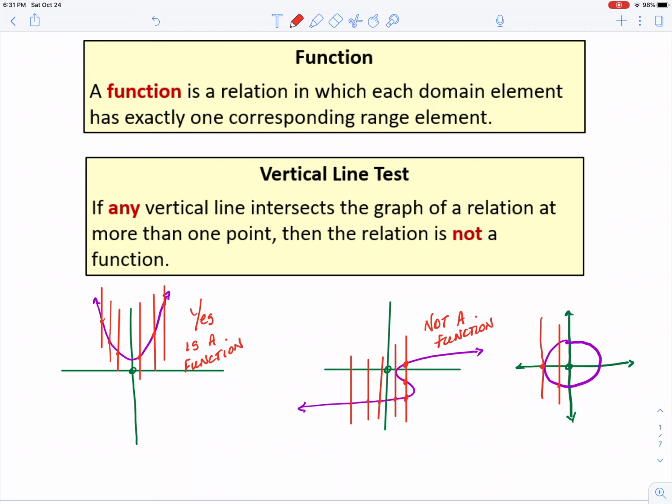But anywhere else in here you can see that the vertical lines that I can imagine here are going to touch more than once. So for each x value, first coordinate, there's more than one y. So you can see here to this x value, I can go up and there's a y value assigned above it, can come down and there's a different y value assigned below it.